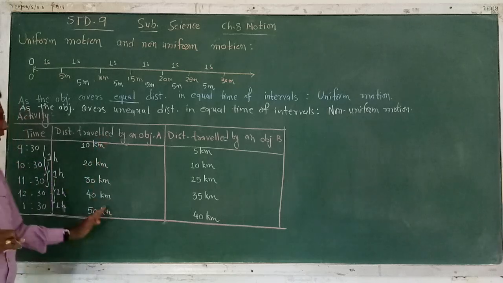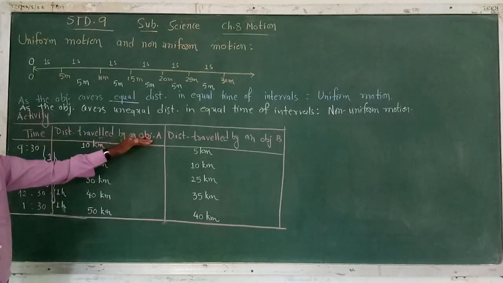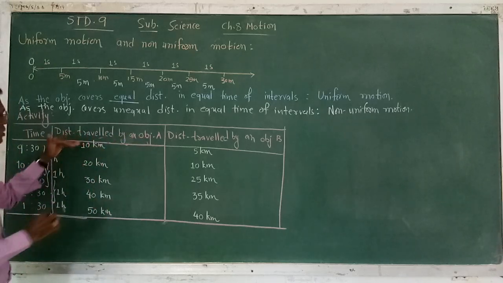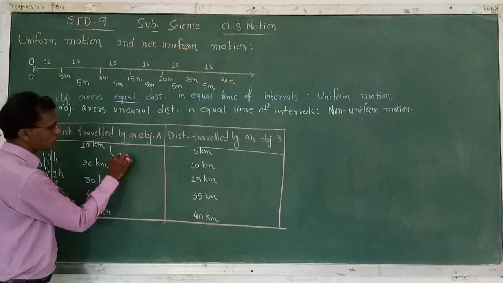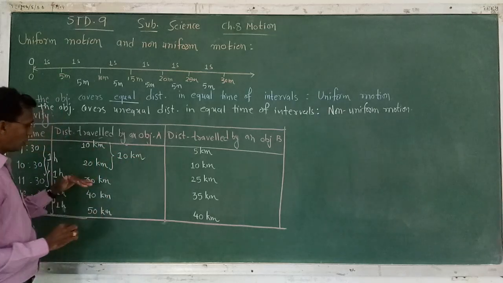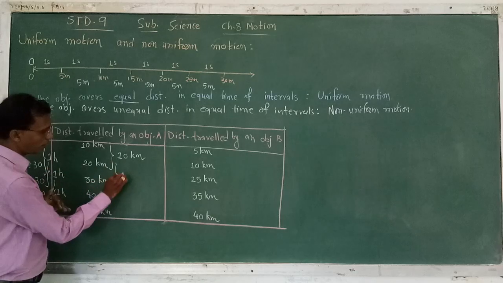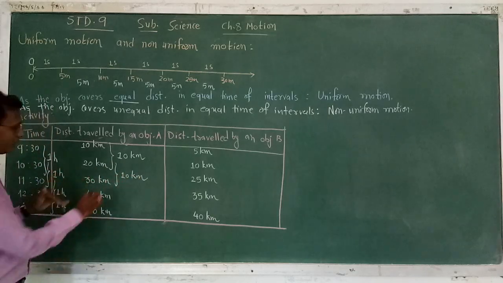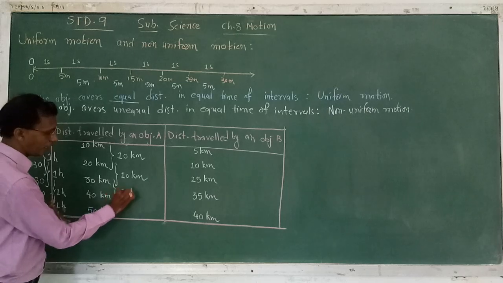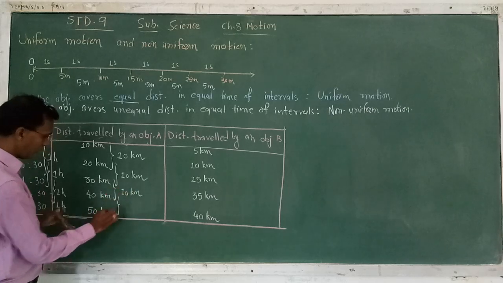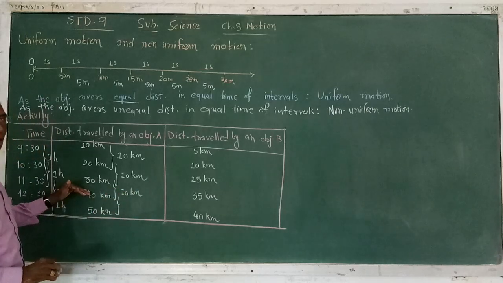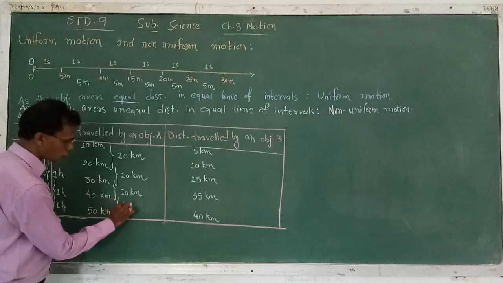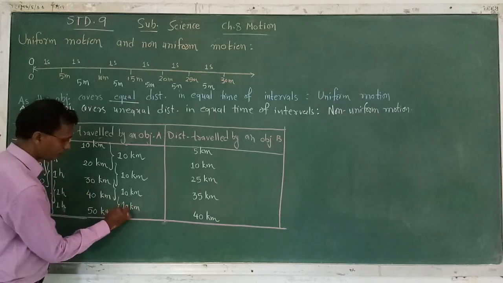For object A, the distance traveled: first 10 km, then 20 minus 10, it covers 10 km. 30 minus 20, 10 km. 40 minus 30, 10 km. Similarly, 50 km minus 40 km, 10 km.